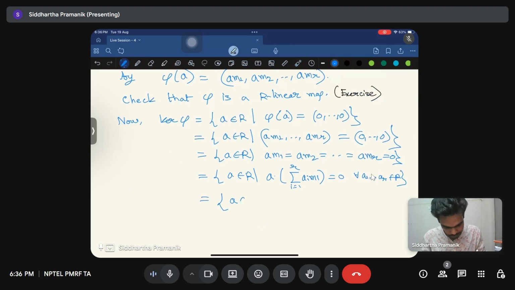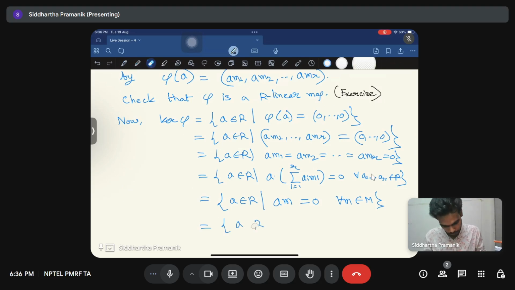So this means a belongs to R such that am equals 0 for all m belonging to M. So this means a belongs to R such that am equals 0.